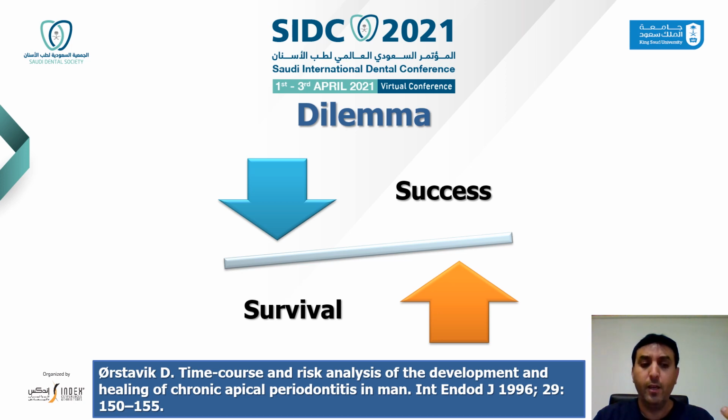The problem with the literature we have in endo is that the criteria differ from one study to another, and the clinicians running those studies are different in that they may be a student, an intern, a specialist or a postgrad. All of these criteria affect the outcome in a way that can increase or decrease the success, depending on how it's managed.